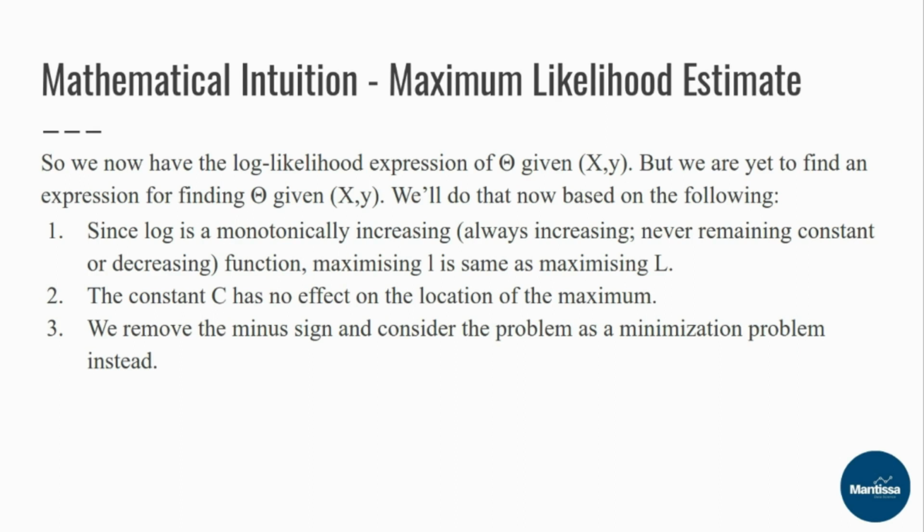So there's no difference between maximizing capital L or small l, because log is monotonically increasing, and if I'm tracking only log likelihood, I'm essentially also tracking likelihood.